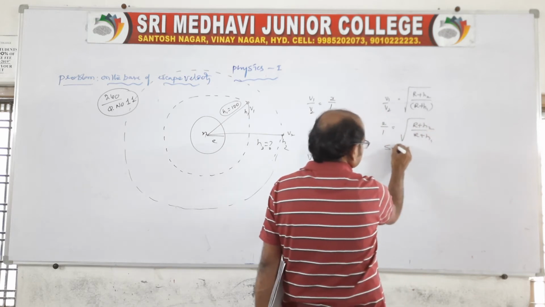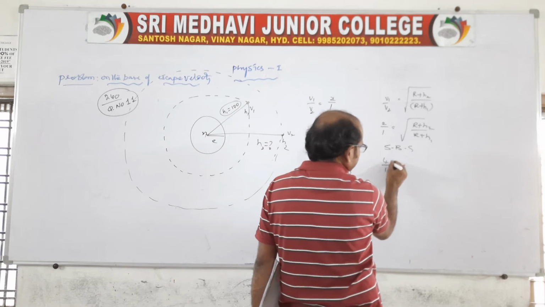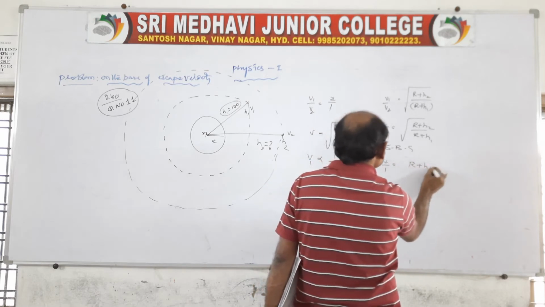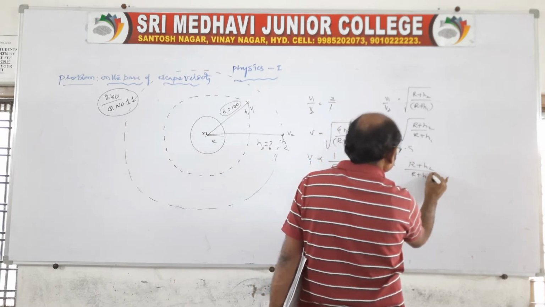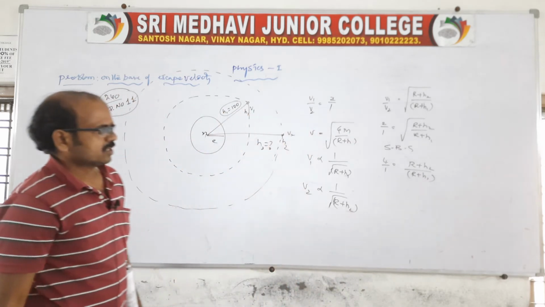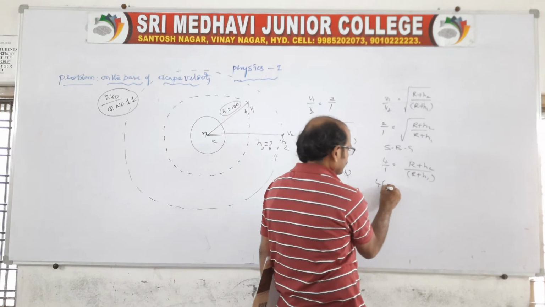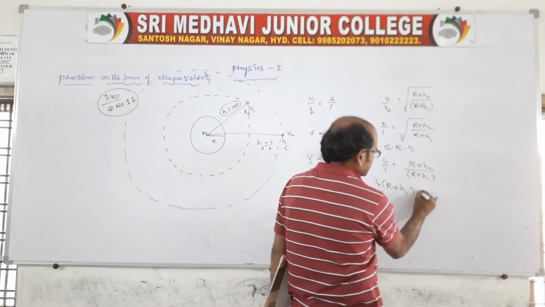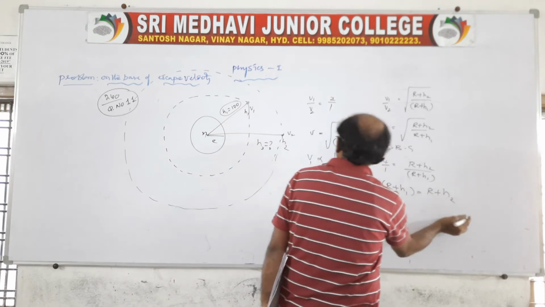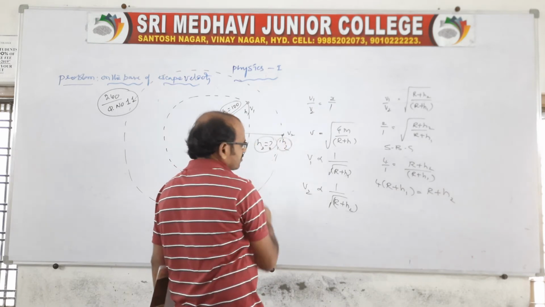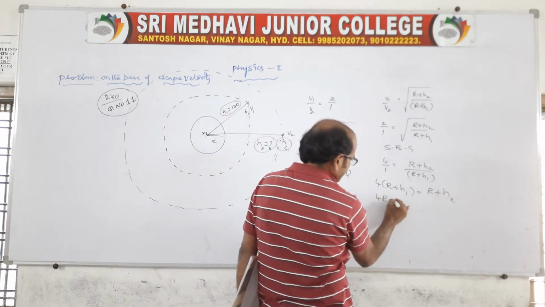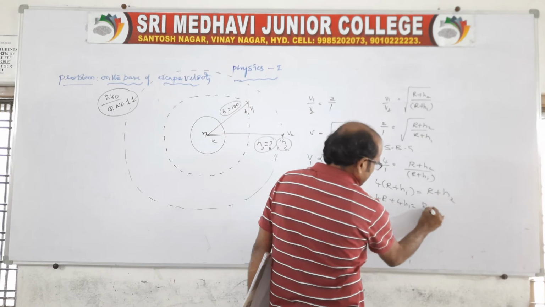So squaring on both sides, 4 by 1 is equal to R plus H2 by R plus H1. Of course we know the R value, then you do cross multiplication: 4 of R plus H1 is equal to R plus H2. We need to find H2, no? Then 4R plus 4H1 is equal to R plus H2.